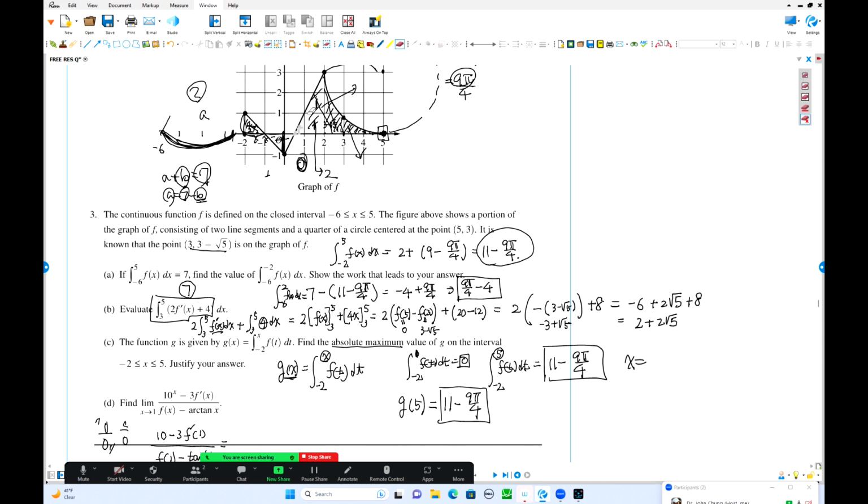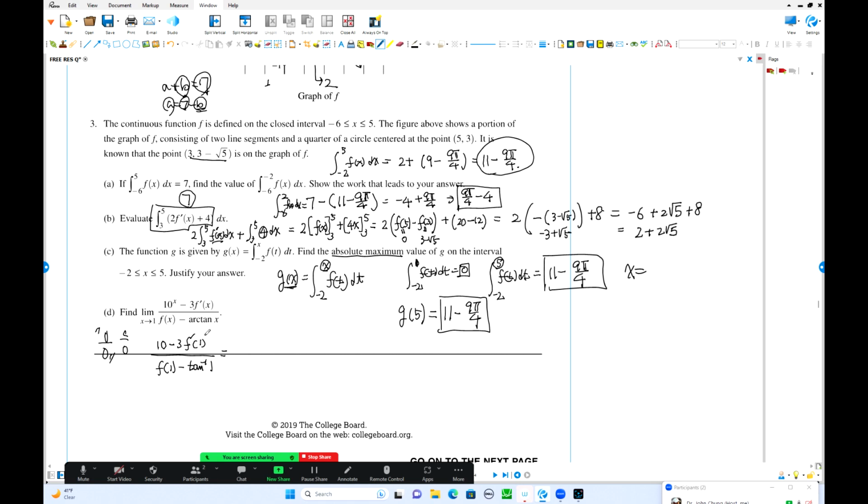What's the slope of this one? F prime slope is this slope, right? Yeah. 1 right, 2 up. The slope is 2. It's okay? So f prime of 1 is 2.